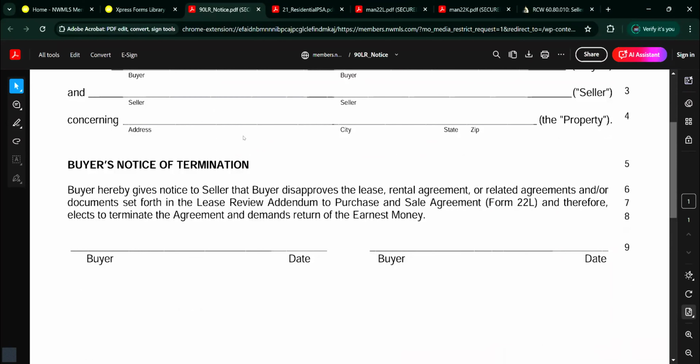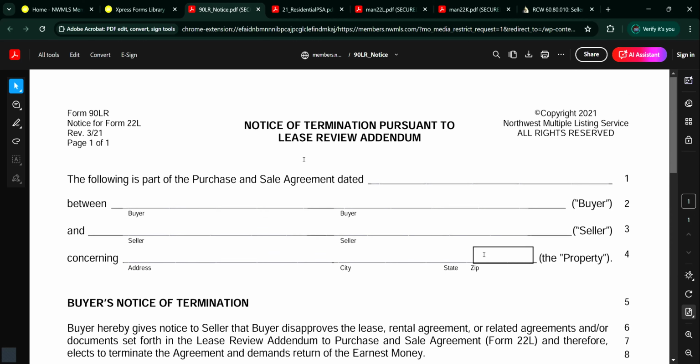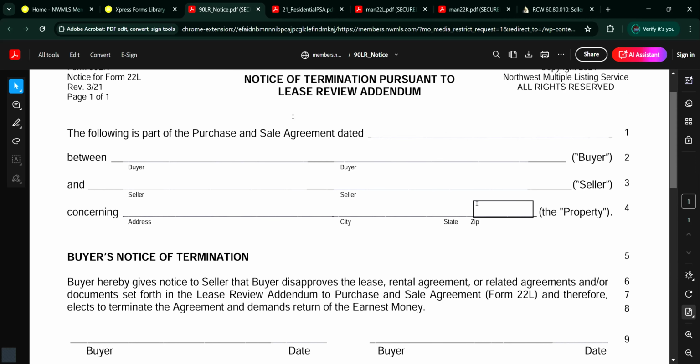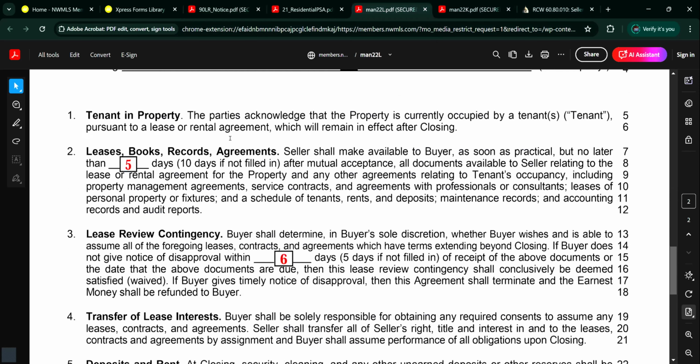Buyer hereby gives notice to seller that buyer disapproves the lease rental agreement or related agreements and or documents set forth in the lease review addendum to purchase and sale agreement, form 22L, and therefore elects to terminate the agreement and demands return of the earnest money. So there it is. You would include a form 50 to go with this if earnest money's been deposited, right? So send that along. And then you guys are out of the deal.